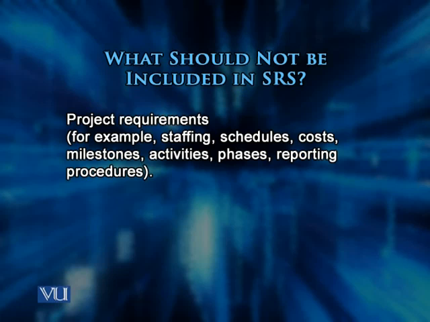Project requirements are staffing issues, schedules, costs of different activities, milestones, development phases, and reporting procedures. Who reports to whom and what gets reported is not included in the SRS. These are things related to project requirements, and there are other documents for those requirements.